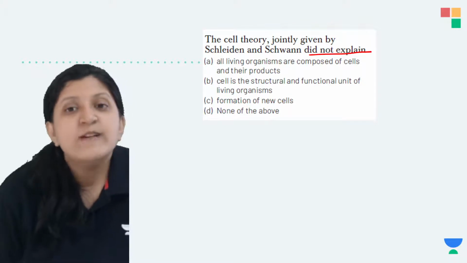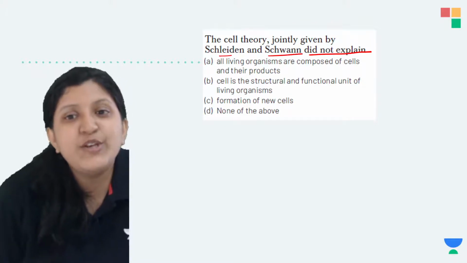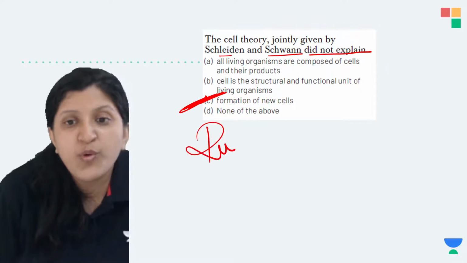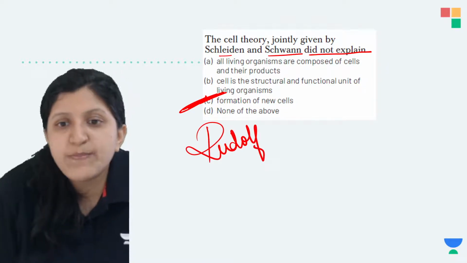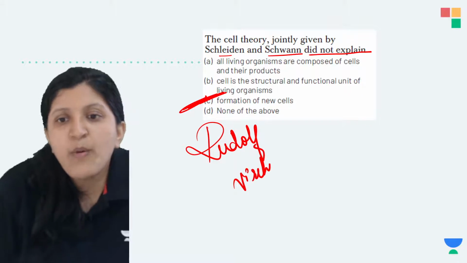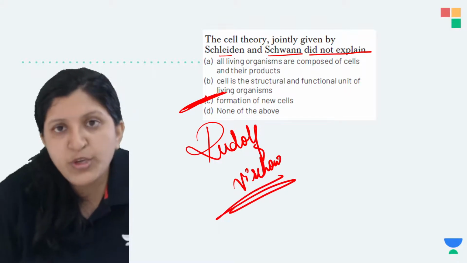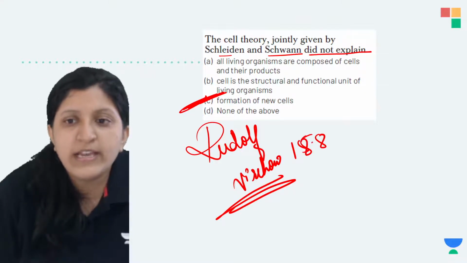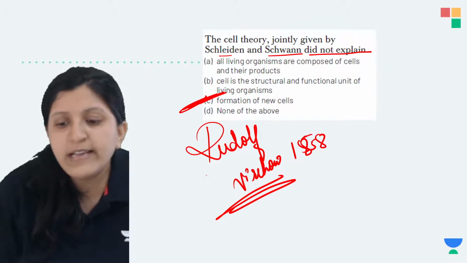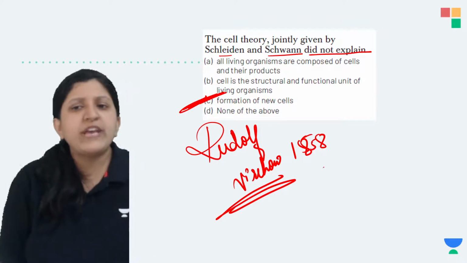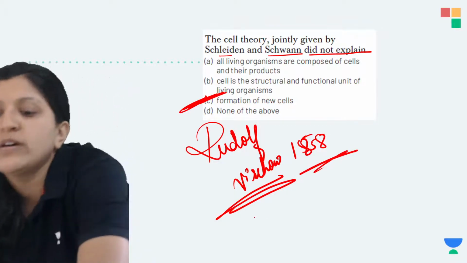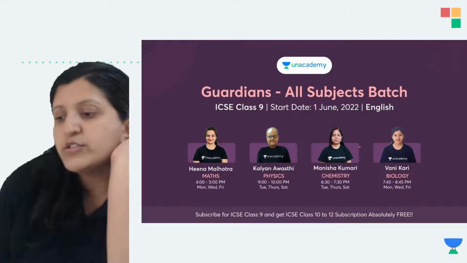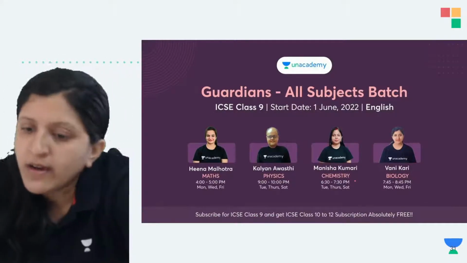So Schleiden and Schwann's theory did not explain the formation of new cells. Then Rudolf Virchow had to come to explain how exactly the formation of a new cell occurs. That is in the year 1858. 1855 to 58 is the range where he took time to mention these cells.